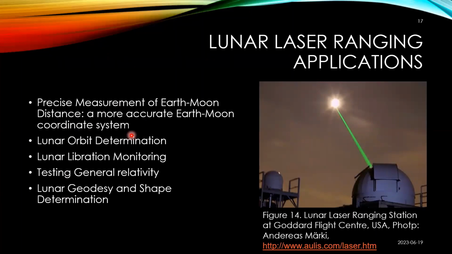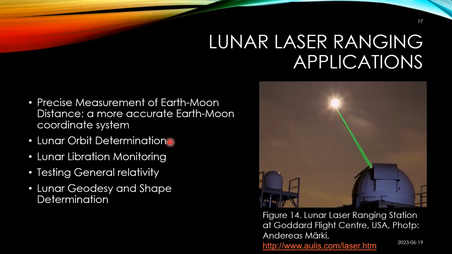The Moon is very important, because it affects the climate. The Moon has an effect on the tides and also many other things. So it is very important to measure this, to have control on the Moon system.